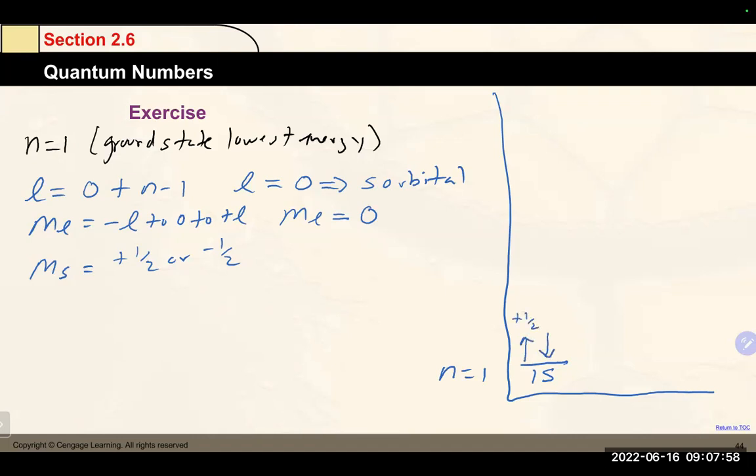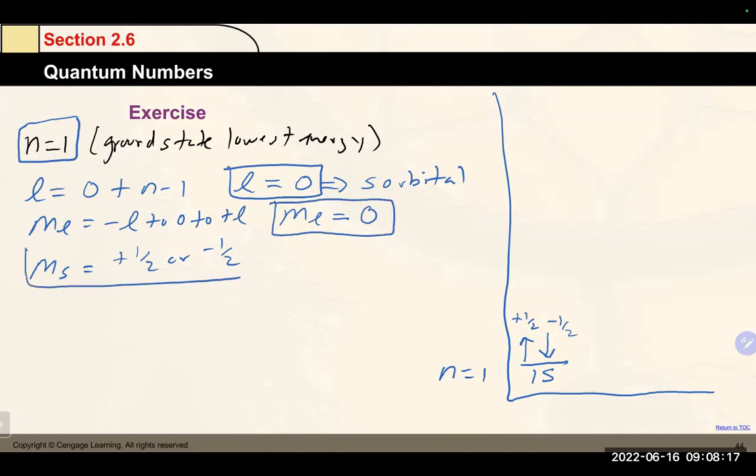The second one will go in, and that would be minus 1/2. So those are the 2 possible spins you could have. You have it spinning upwards or spinning downwards. These would be the only 4 possible quantum numbers for the first energy level. And by the way, we have just 1 number for m sub L, which is why we have just 1 orbital and 1 orientation in 3-dimensional space.